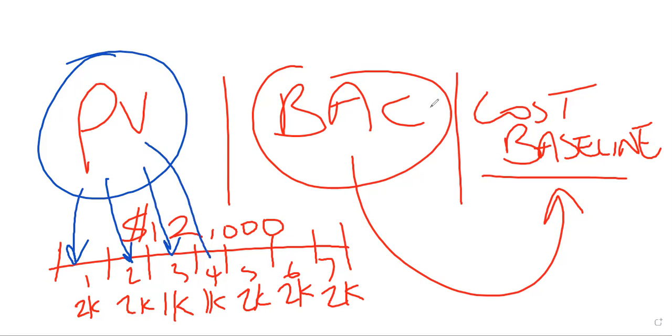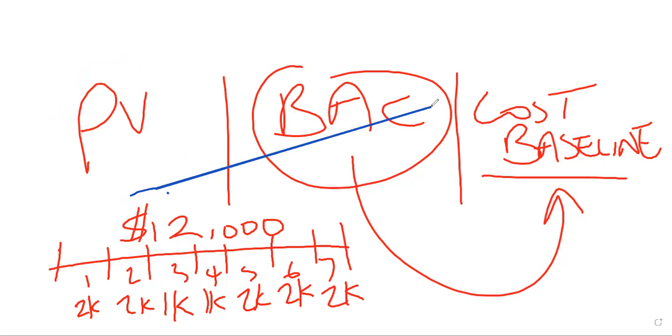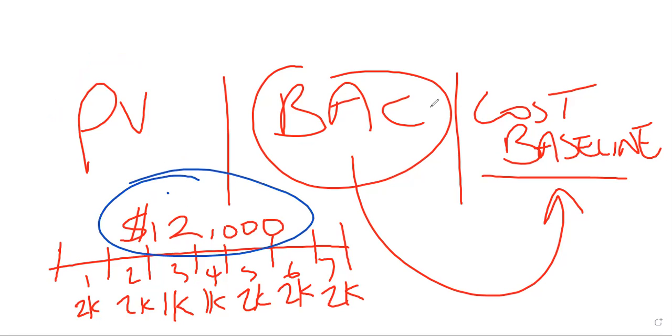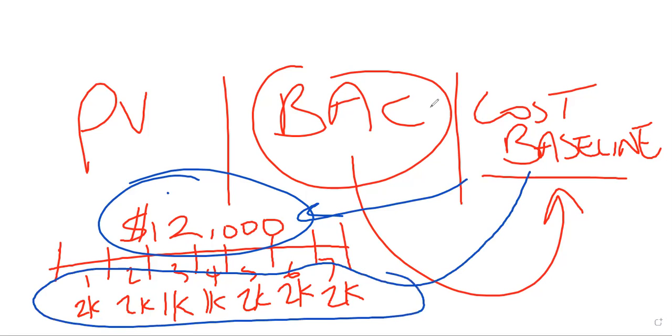The PV for month 4 is 1K. PV for month 5 is 5K. But what is the budget at completion? The budget at completion is 12,000. The cost baseline is 12,000, but we're talking about it periodically, okay?